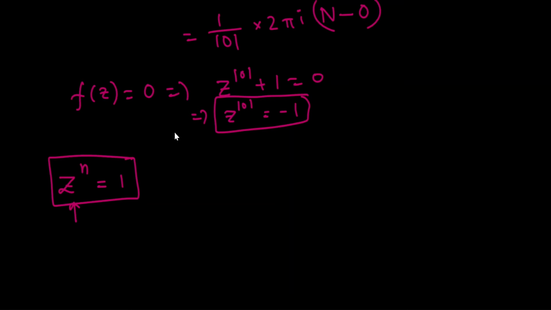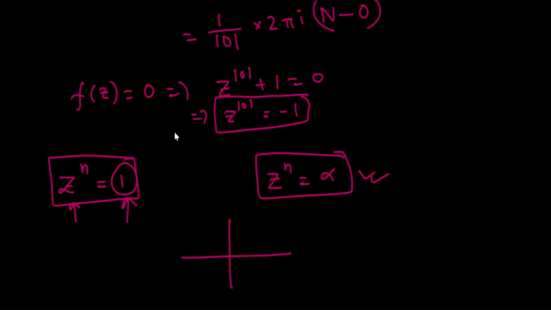Suppose we have to find the nth root of alpha, then the roots belong to the circle with center at the origin, where alpha is a complex number, and the radius is the nth root of mod alpha.